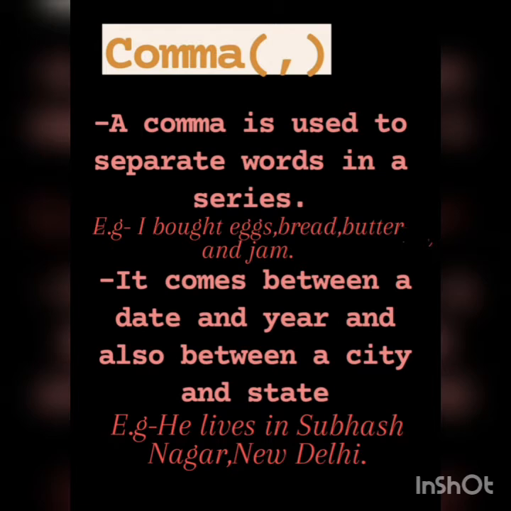Next use of comma is you need to put comma between a date and a year and also between a city and a state. For example, he lives in Subhash Nagar, New Delhi. Subhash Nagar is a city and New Delhi is a state. So now you can use comma in your day-to-day writing work.